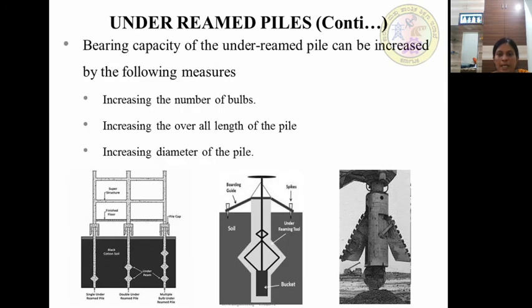Under-reamed piles for black cotton soil: the bulb increases bearing capacity and also provides anchorage against uplift.